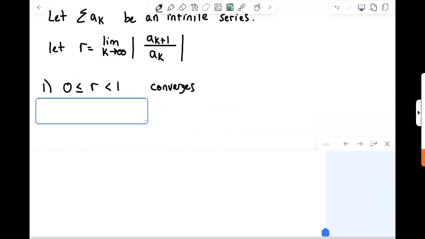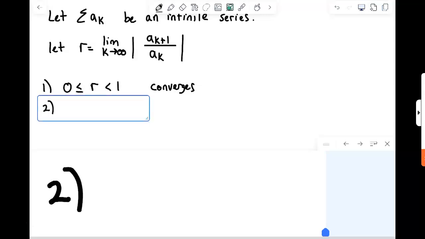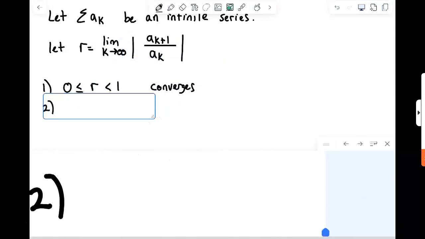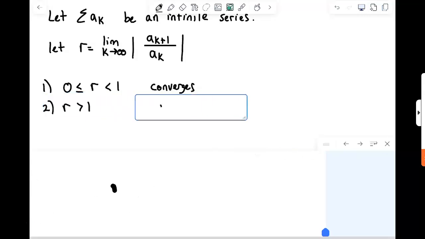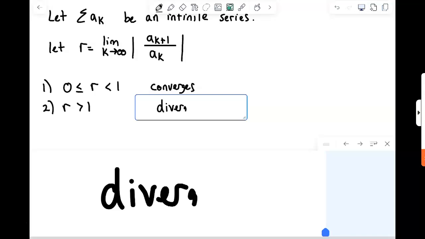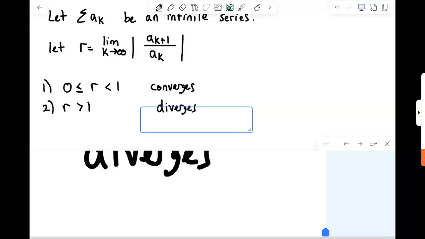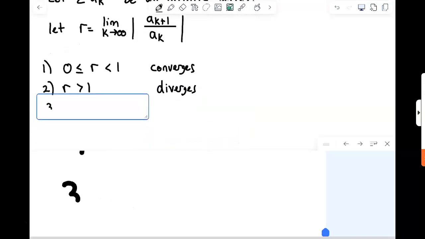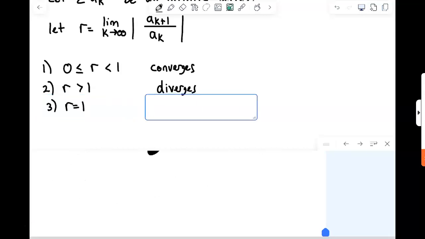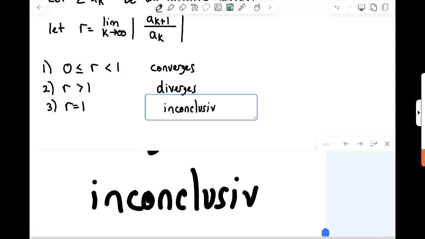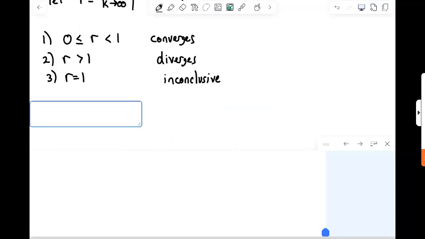If, on the other hand, that ratio, a_(k+1) over a_k, happens to be a number greater than 1, then we're able to confidently say our series diverges. If, on the other hand, r equals 1, our test doesn't tell us anything. It's inconclusive.